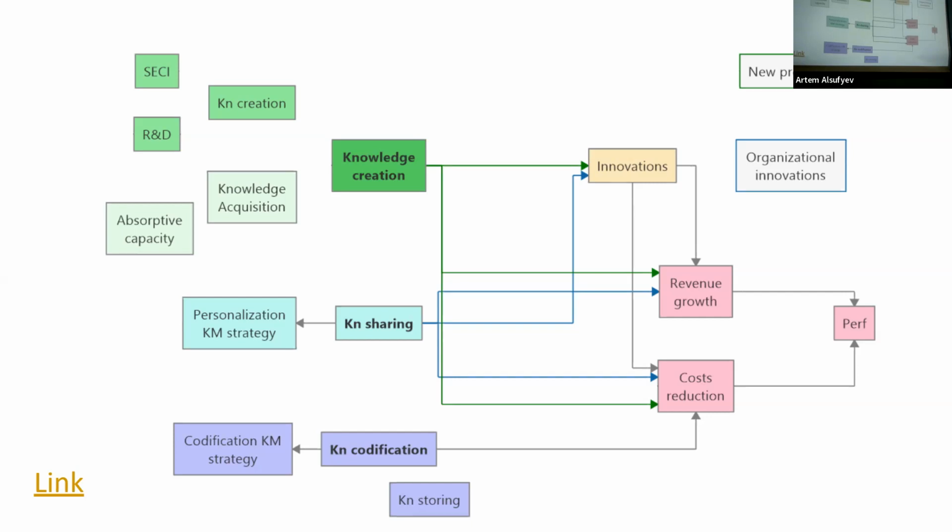Some of these processes could lead to revenue growth, for instance, when we launch new products, or when we introduce marketing innovations, new packages, whatever. And cost reduction, when our processes become more efficient, like time saved on meetings while making decisions on leasing. Pretty much the same idea.